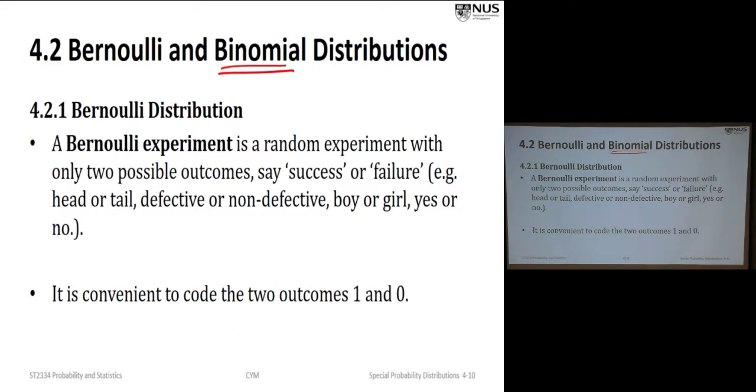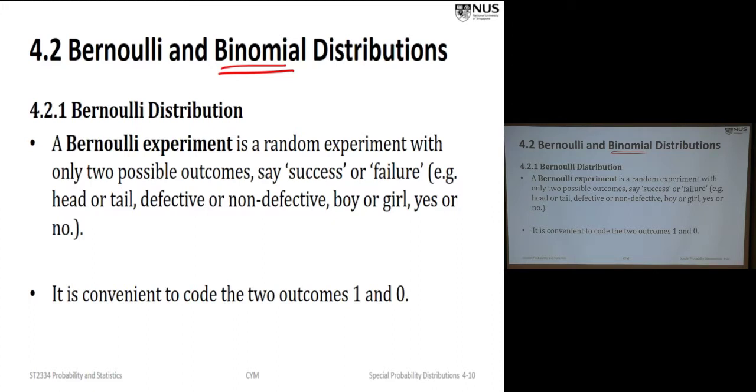Usually people would think that if I succeed, I should have a high mark, like 100 or 95 out of 100. But I can define my success as less than 20 marks. So success is just the event that I'm interested in that occurs. The complement of it is considered failure.